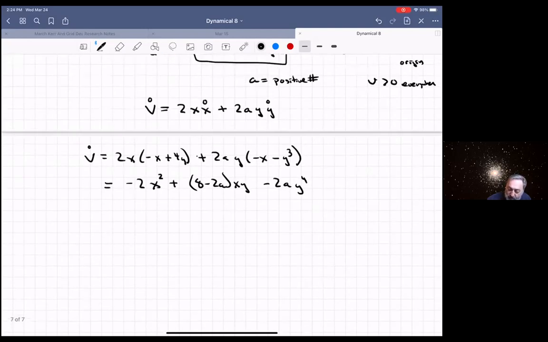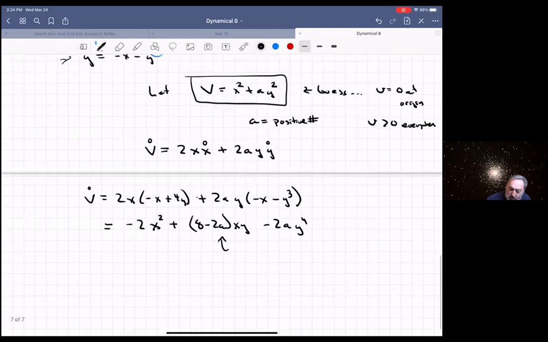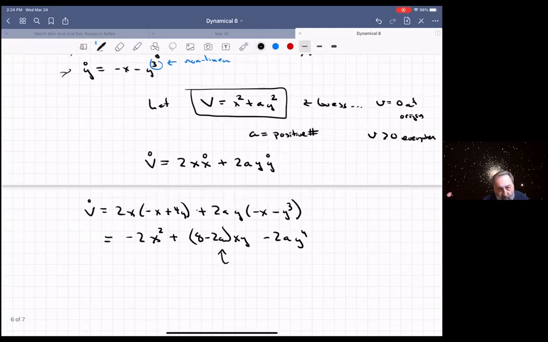And then a was free, right? So my goal is just to find any function v that has the properties that it's 0 at the origin and positive everywhere else, but I want its derivative to be negative everywhere. So let me pick a equals 4.